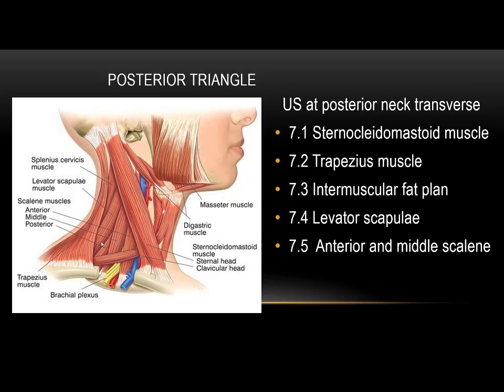Then if you see the floor muscles, you have to recognize which one. If it is close to the trapezius, it is the levator scapulae. If it is close to the sternocleidomastoid, it is more likely the anterior and middle scalene. So when we scan, we have to see the edge of these two muscles to make sure it is the landmark of this posterior triangle.